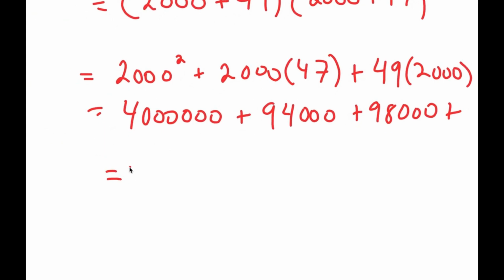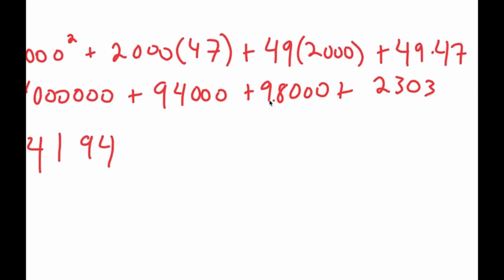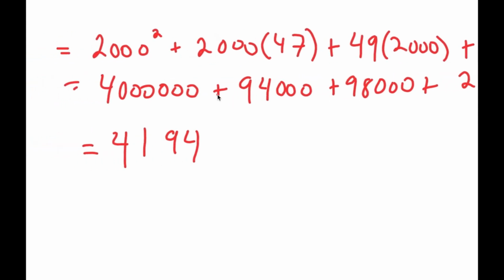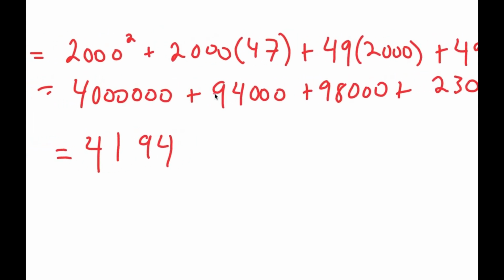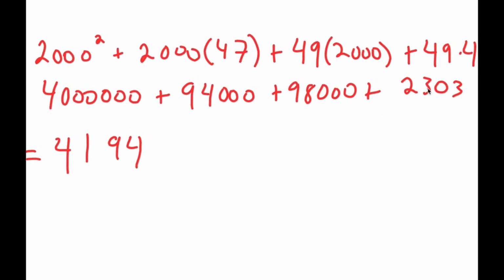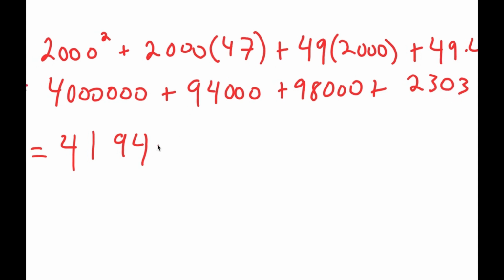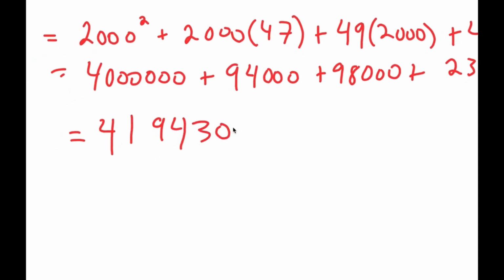So now by adding all these up, I get 4,194,000, because 94,000 plus 98,000 is 192,000, and then I have to add in the 2,303, so now I get 303 at the end.